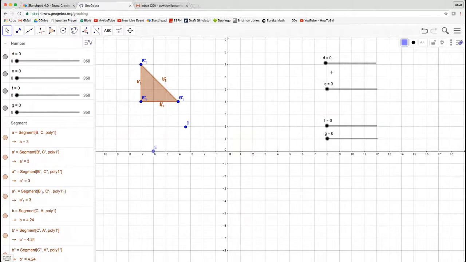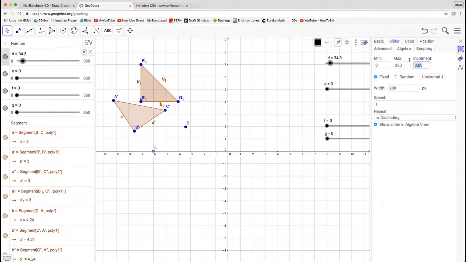Let's do 10 degrees around each one. So first of all, we're going to go 10 degrees around point D. Now let's do 20 just to make it change a little bit. How about 30? You know what? I'm going to change this so that it increments only by 5, as it'll make it easier. We'll do each one of these by 5, so it won't be as hard for me to get exactly where I want it to go.